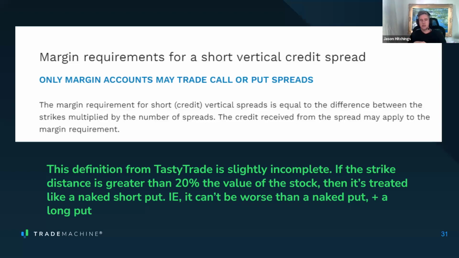So we're trying to find the riskiest short legs and pairing them up with long legs. We're doing that piece by piece of the strategy. And then if we're left with naked options, then we just treat those as naked option risk. So we break the strategy up into its individual components.